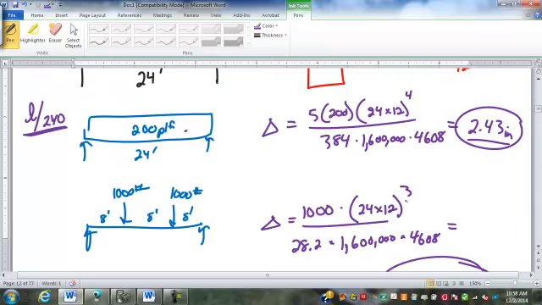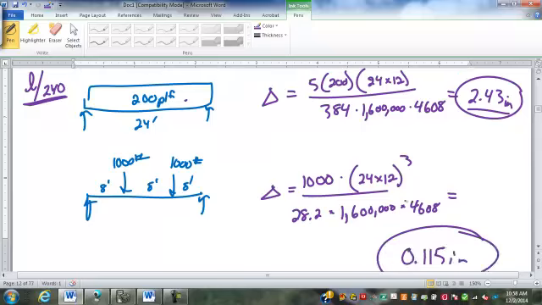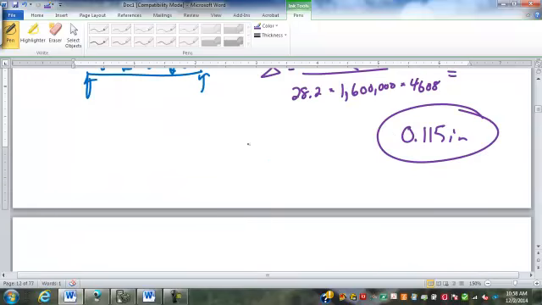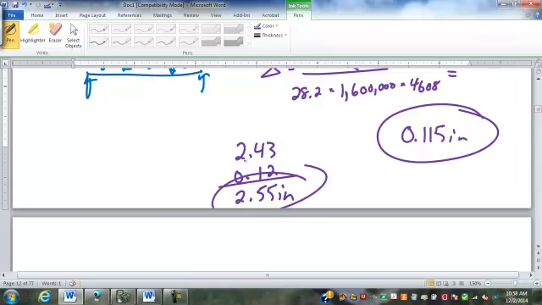So we have 2.43 plus 0.12 around it too. That's 2.55 inches of deflection we're going to get off of that.